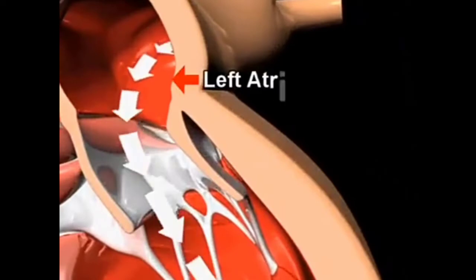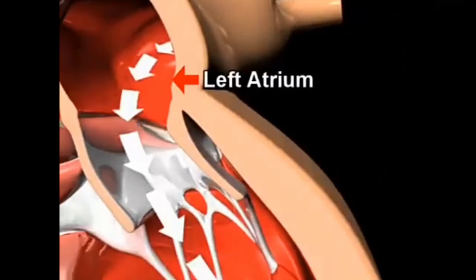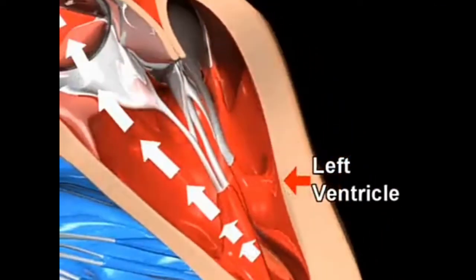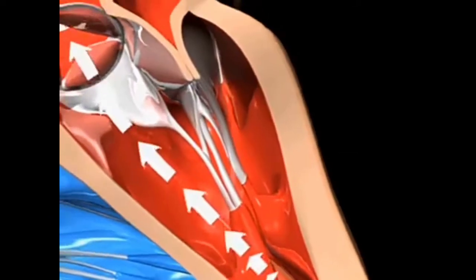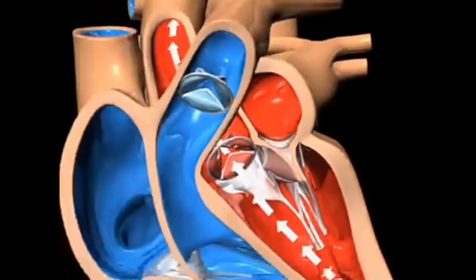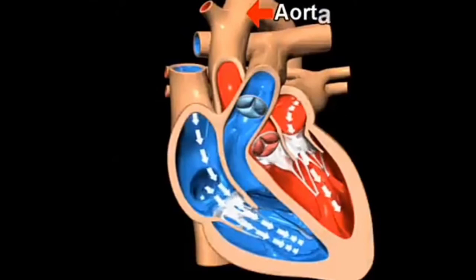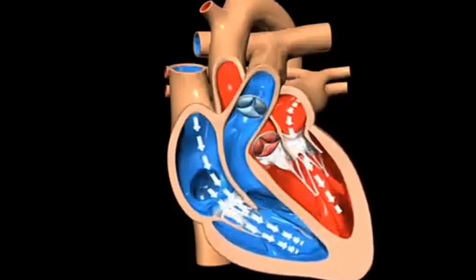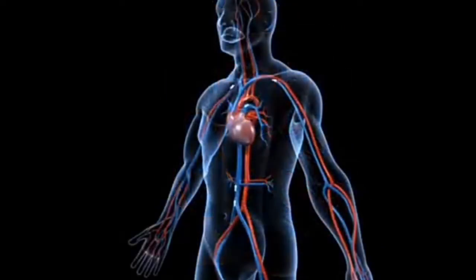It goes to the left atrium, passing the mitral valve, going to the left ventricle. It will pass to the aortic valve, going up to the aorta, which is called the biggest artery, which carries all the nutrients and oxygen to be transported to all parts of the body.